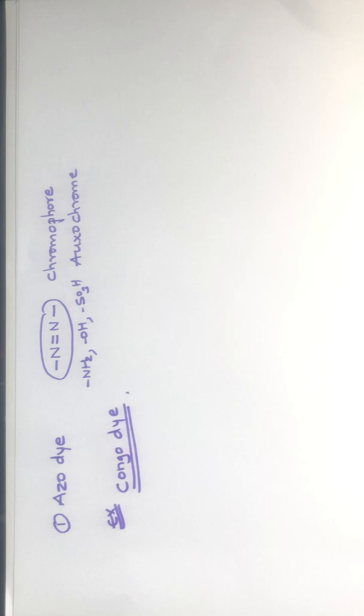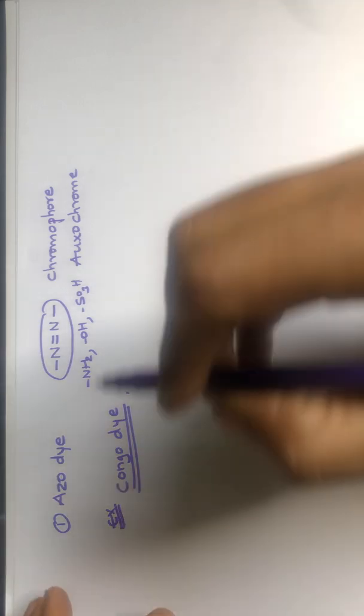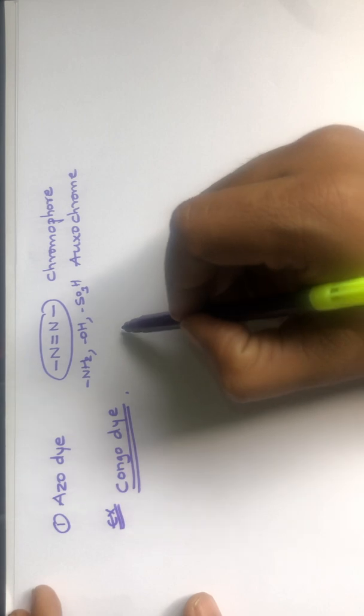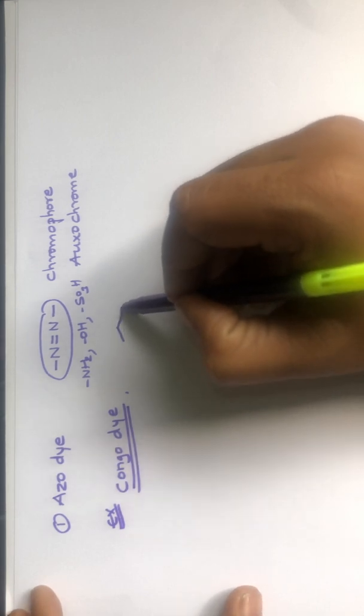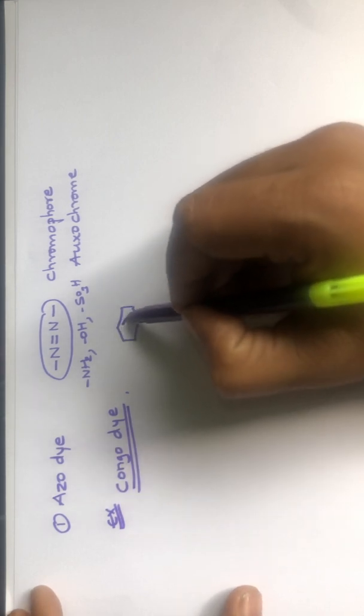Congo dye is an azo dye, a diazo dye, as it contains a diazo group. It is prepared by coupling tetraazotized benzidine. What does azotized mean?